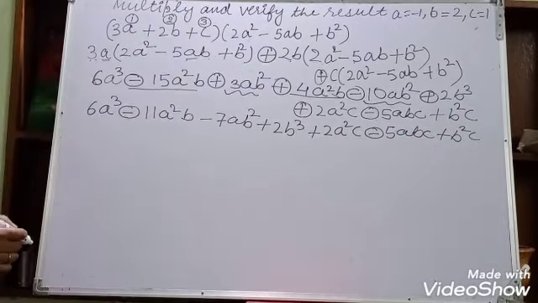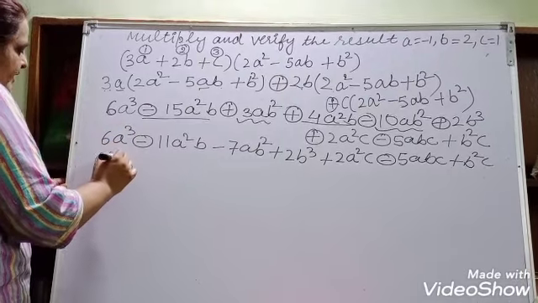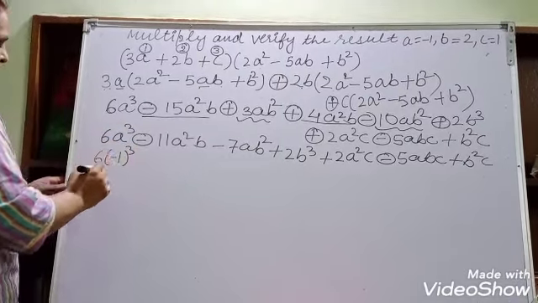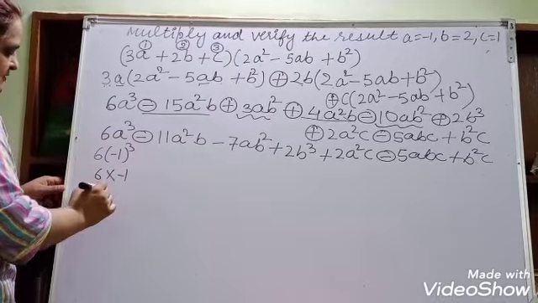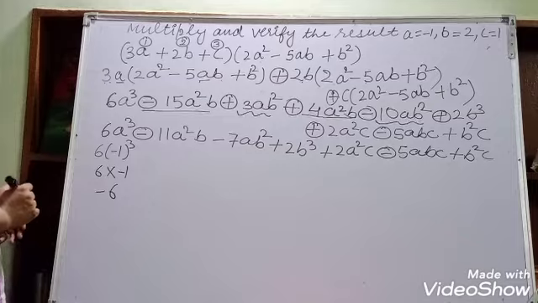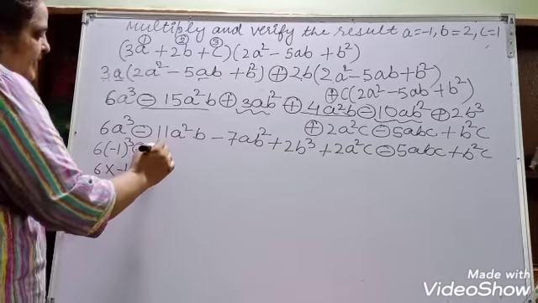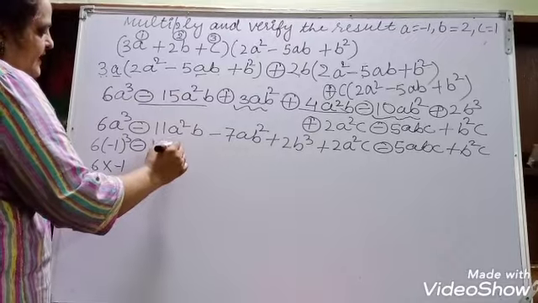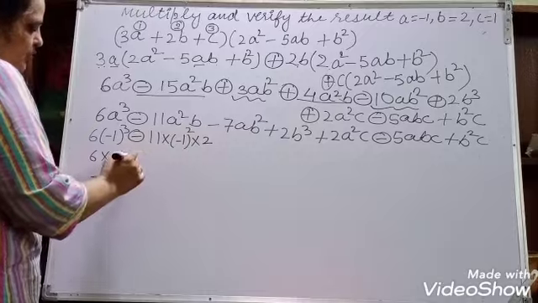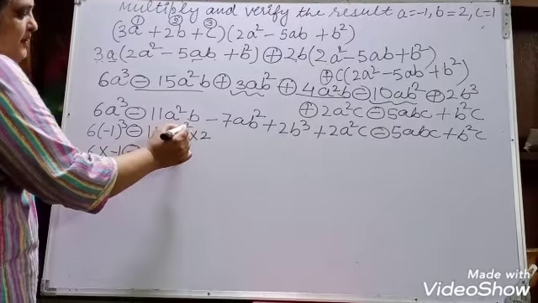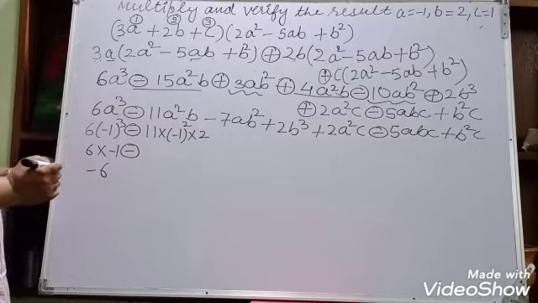So here class, putting up the values, a is equal to minus 1. 6 into minus 1 cube. Since the power is odd, it will become 6 into minus 1, which will be equal to minus 6. Coming to the second term, 11 into a square, a is equal to minus 1 and b is equal to 2. Now class, since the power is even, the negative sign will be converted into positive.